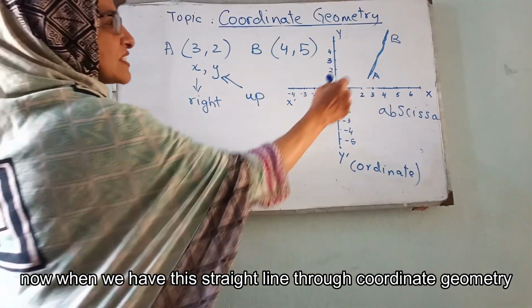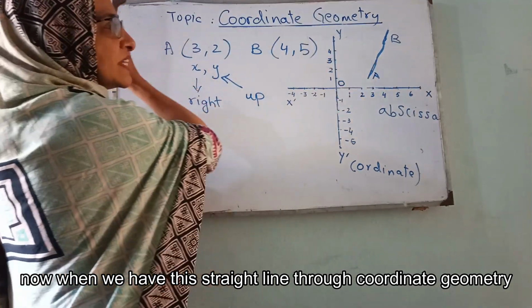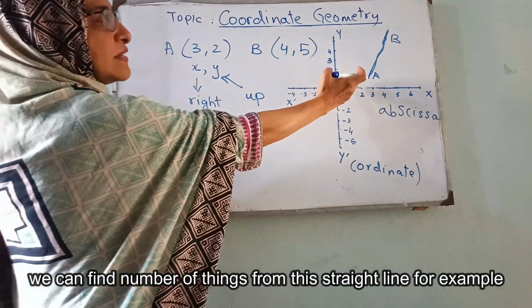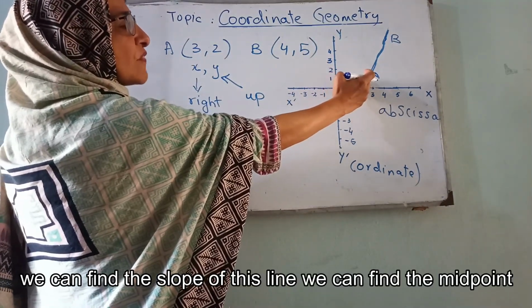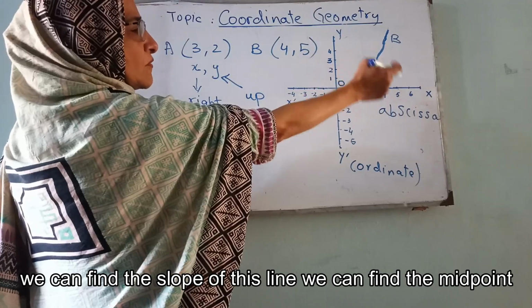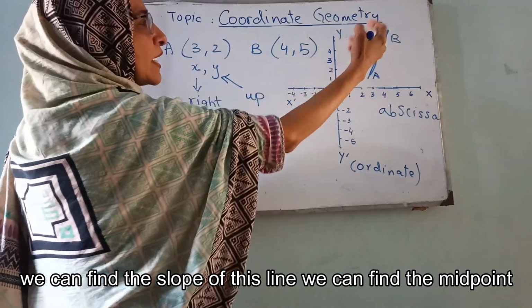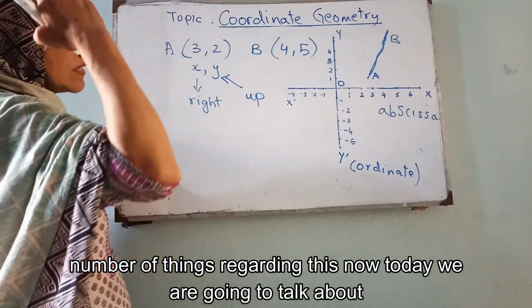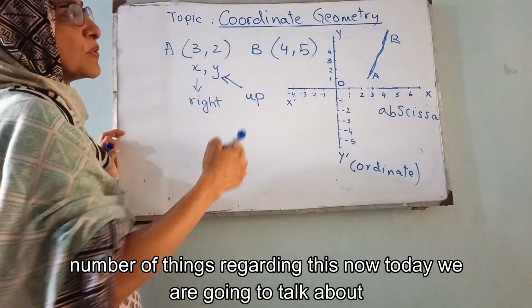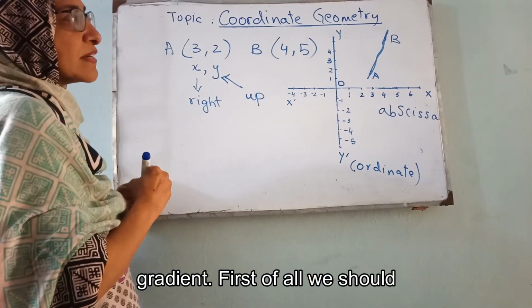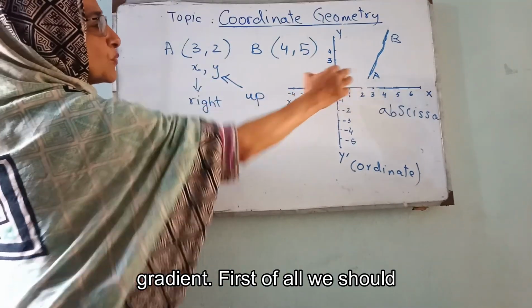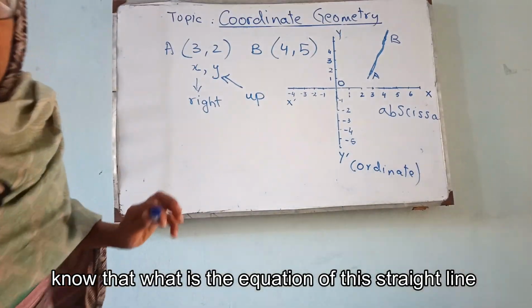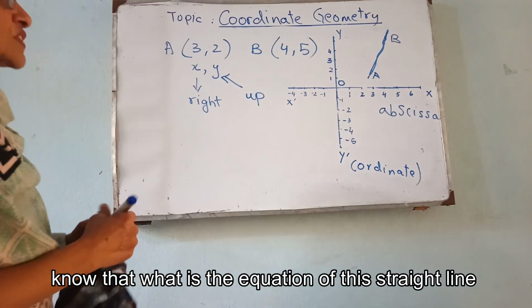This is a straight line. Through coordinate geometry, we can find a number of things for this straight line. For example, we can find the slope of this line, we can find the midpoint, and a number of other things. Today we are going to talk about the gradient. First of all, we should know the equation of this straight line.